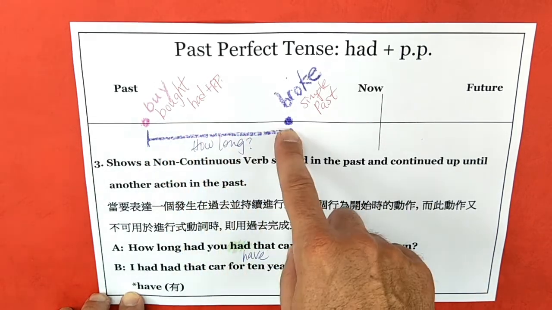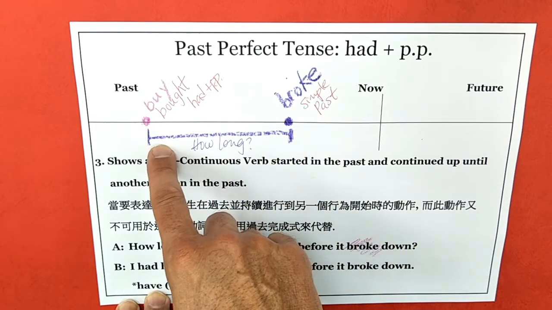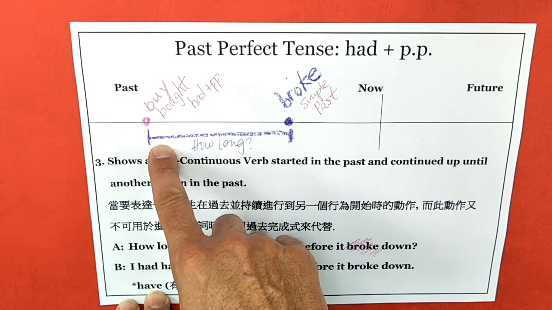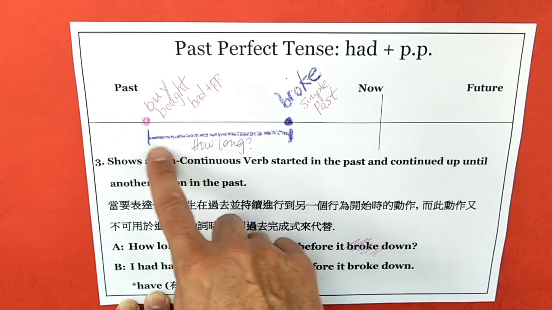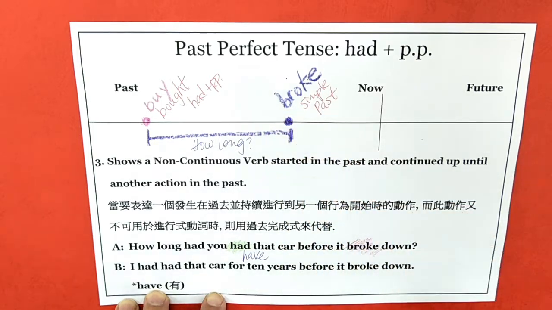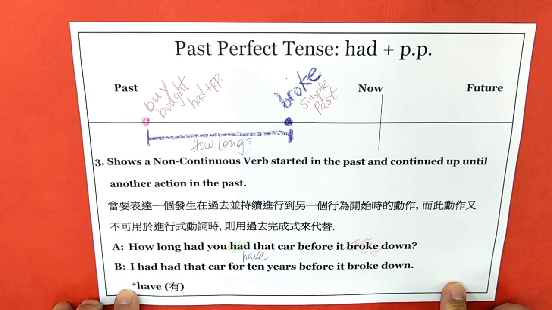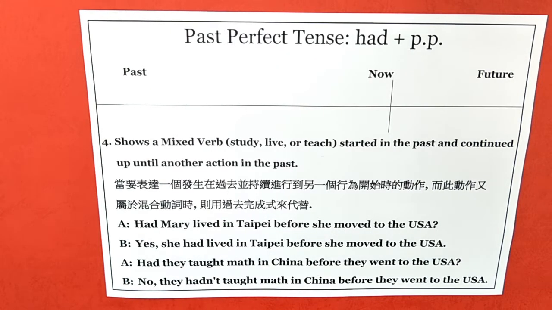We have two actions. The first action is non-continuous, having a car, and it goes up to a certain point, it's still in the past. All right, okay, again, past perfect tense, had plus PP.